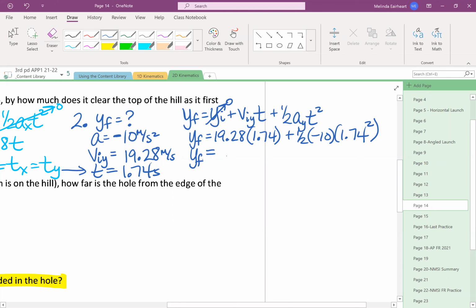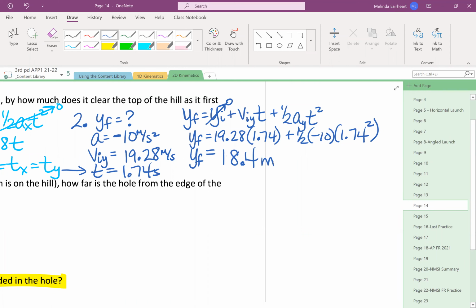Now the answer we get is not our final answer. They asked us, will it make it on the hill? So we have to compare the answer we get to our 10-meter hill height. Yes, that sounds familiar. So 18.4 meters is the instantaneous vertical position at that time.